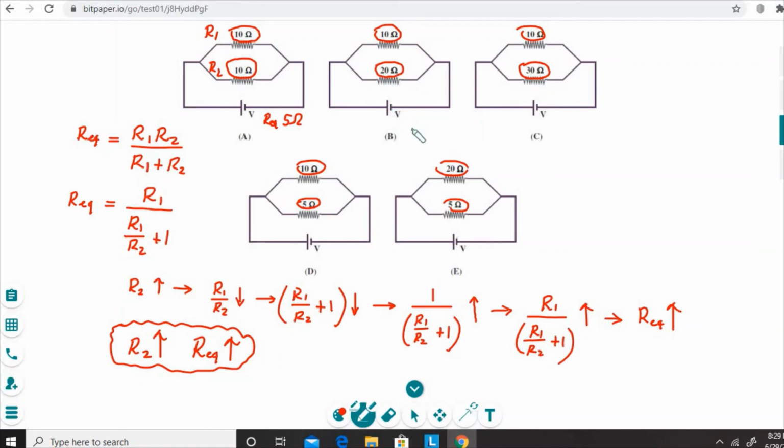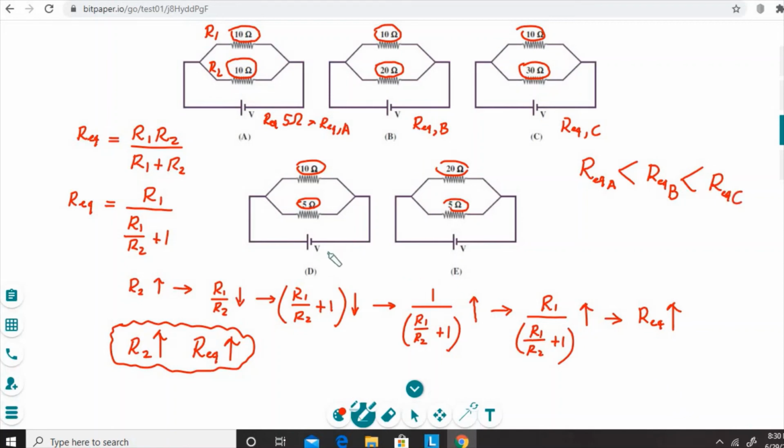So you have R equivalent B, this is R equivalent A, and this is R equivalent C. So you'll have R equivalent A less than R equivalent B less than R equivalent C.